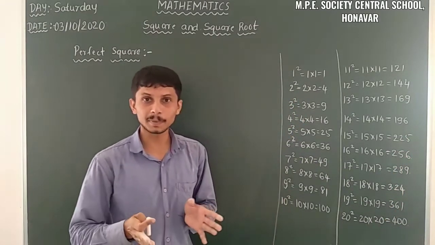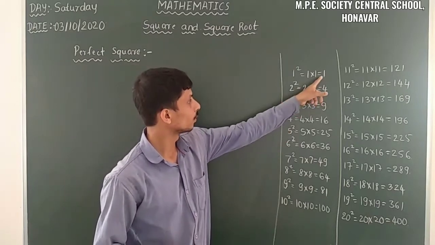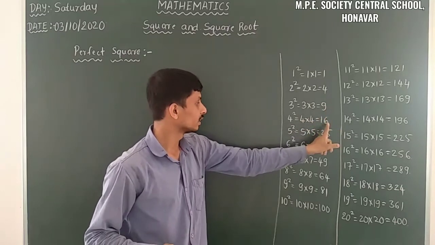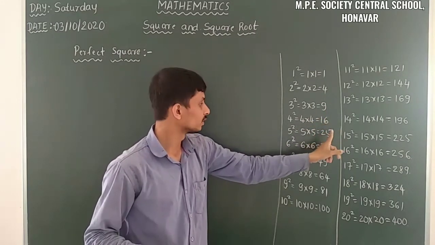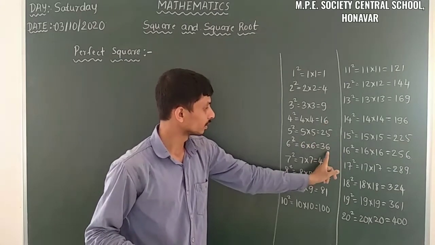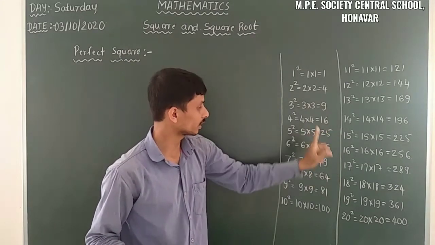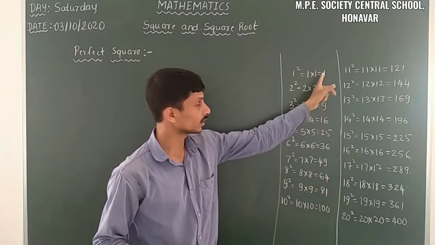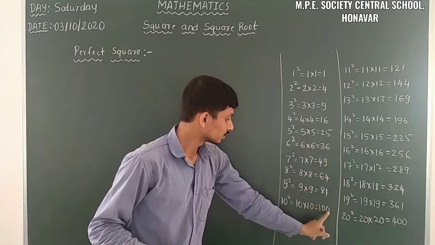So here there is also a pattern. Just observe: 1, 4, then 9, then 6, and then 5. After 5, the 6 is repeated, then 9, then 4, then 1, then 0.